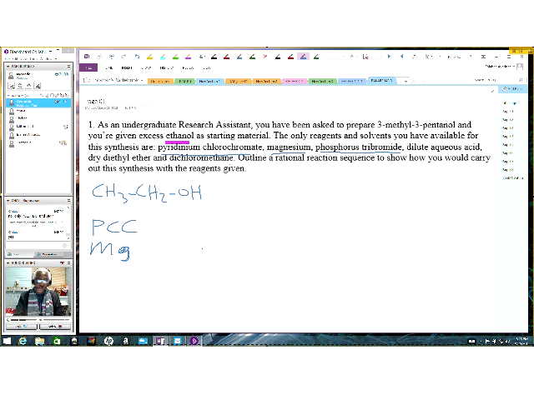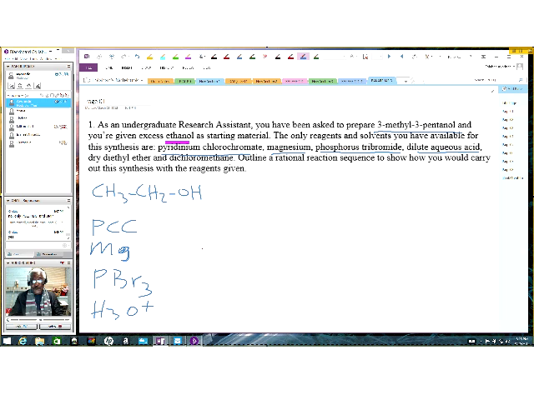Phosphorus tribromide, you should also know what that does. Dilute aqueous acid, which is your generic hydronium ion we use all the time. These are all of the things that you need in order to make this molecule here. Let us write the structure of that molecule.